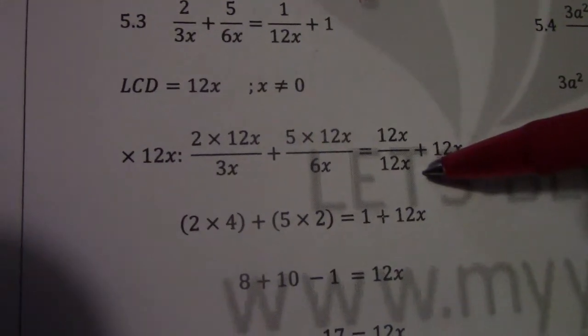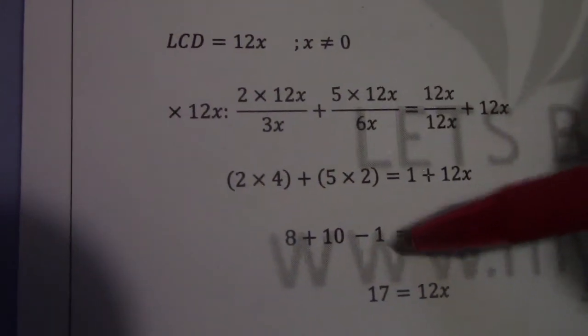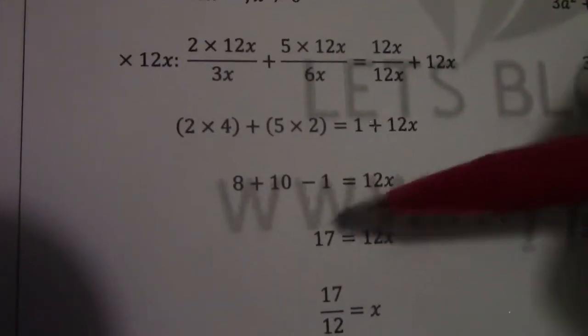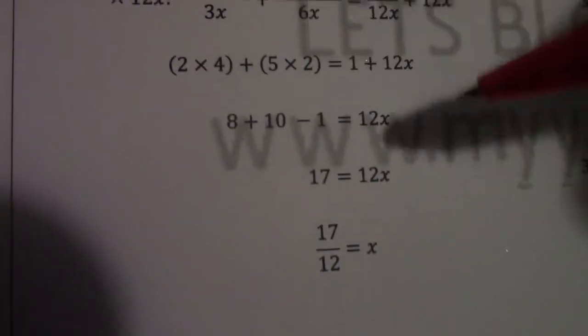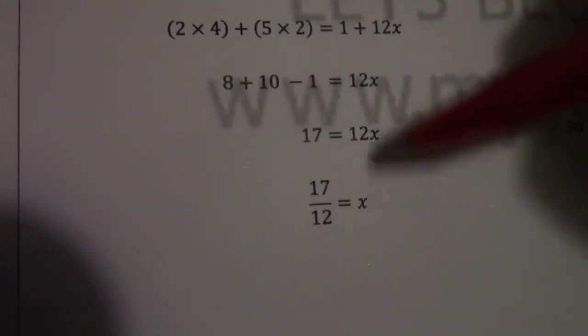Anything divided by itself equals 1, and there I have 12x. So that's 8 plus 10, and if I take 1 across, minus 1, that's 18 minus 1, which gives me 17. So 12x equals 17. From there, always divide by the coefficient of x. So x equals 17 over 12.